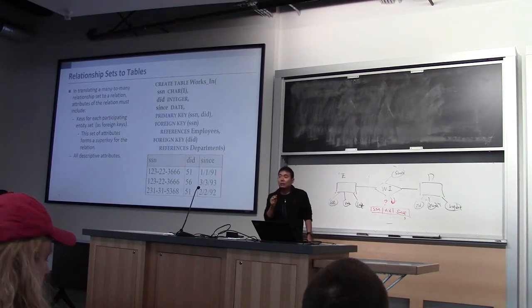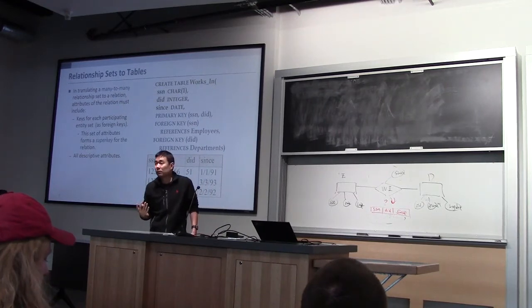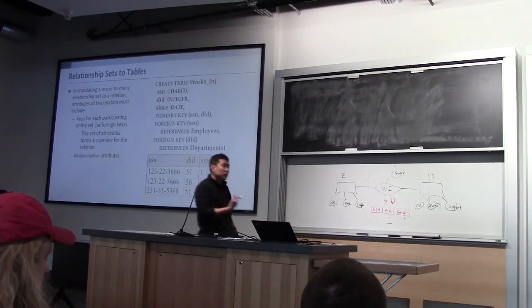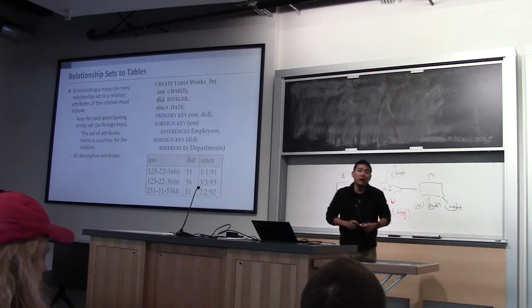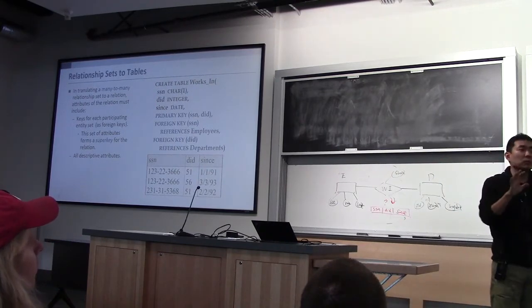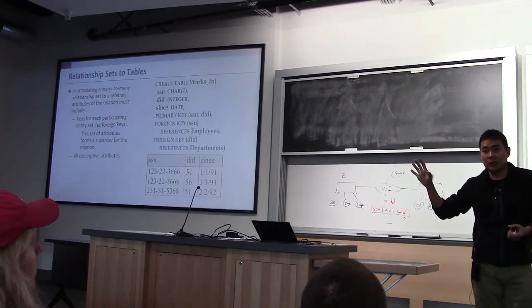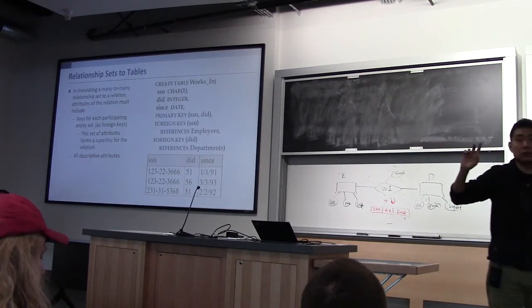The next critical question is, what is the key for this table? In order to find a key for this table, fundamentally what you need to find is a combination of attributes that can uniquely identify any record instance of this table.